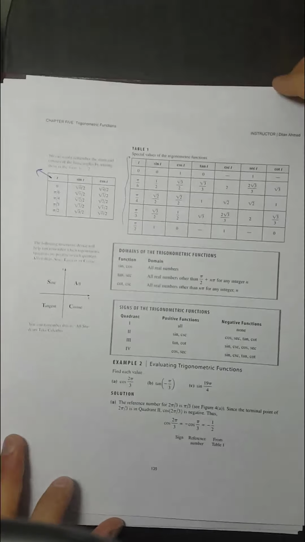Finding whether the function is even or not. When I say the function, I mean these 6 trigonometric functions: sine, cosine, tan, cosecant, secant, and cotan.